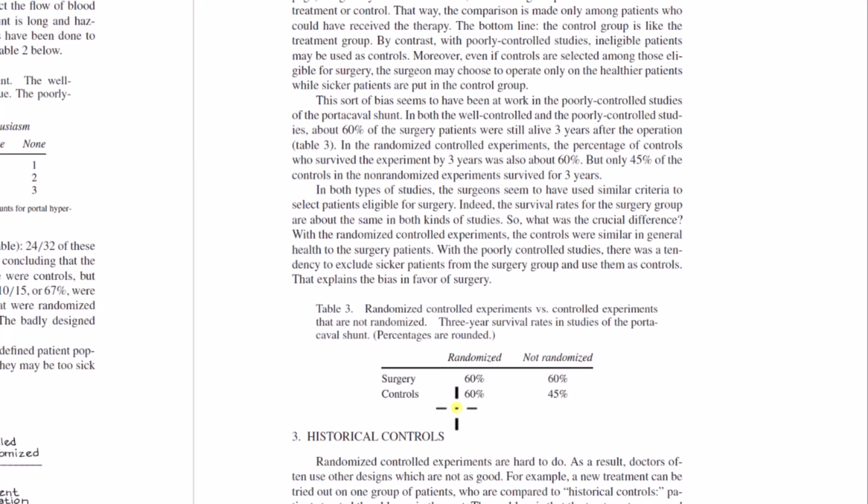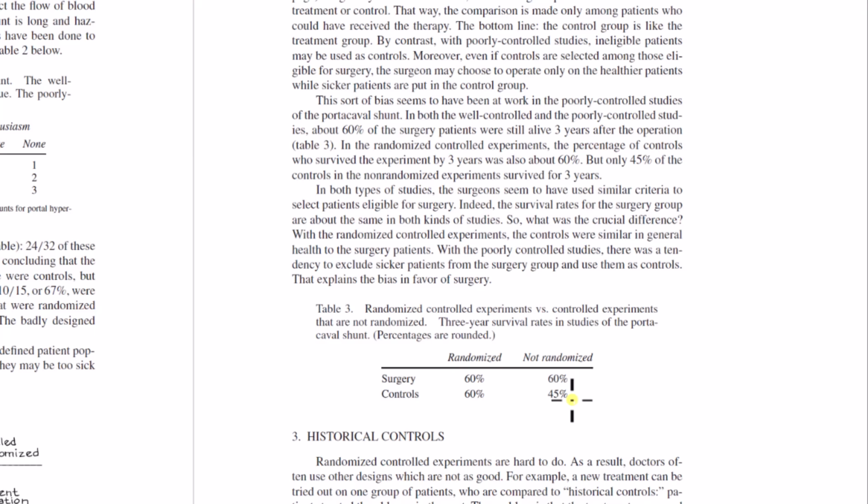So if you look here, this is the percentage that survived for 3 years after they were chosen or not chosen for surgery. In the randomized experiment, it was 60% to 60%, surgery and control group. Non-randomized, it was 60 to 45. But again, this is because the people that weren't having the surgery were already sicker.